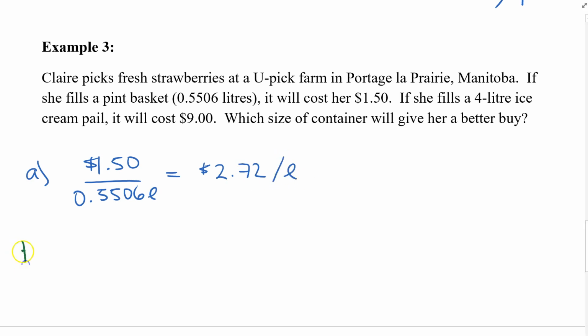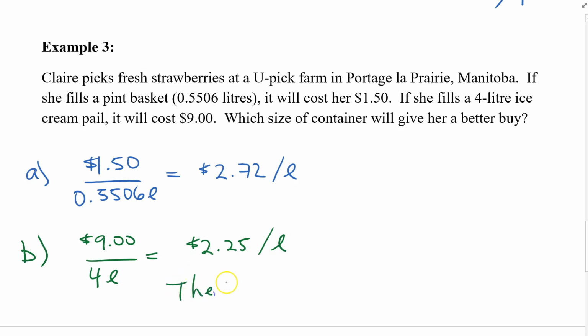When I do option B, which was $9 for a 4-liter container, 9 divided by 4 is $2.25 per liter. Which one is a better buy? The 4 liter is a better buy.